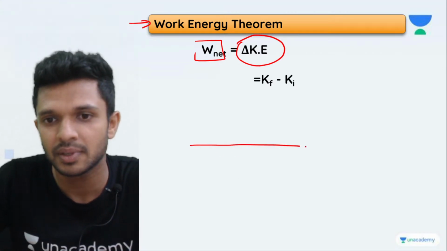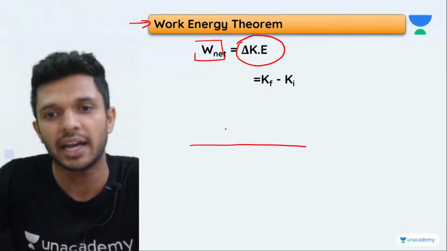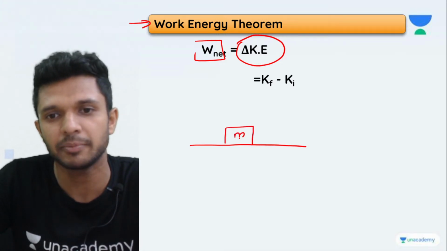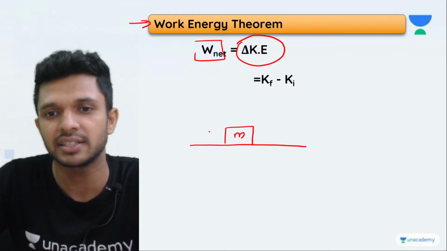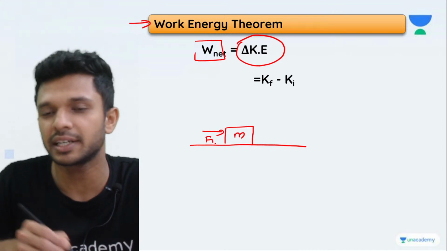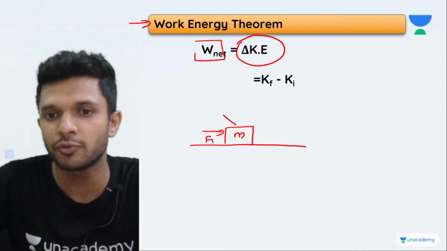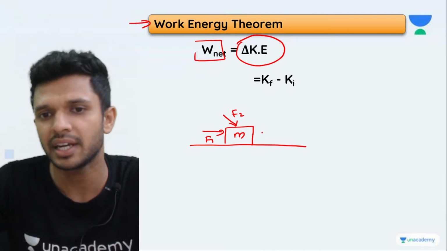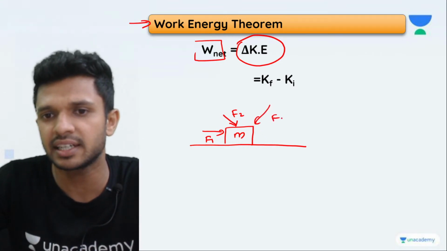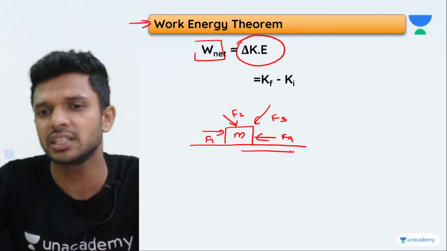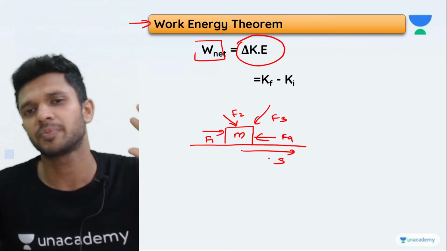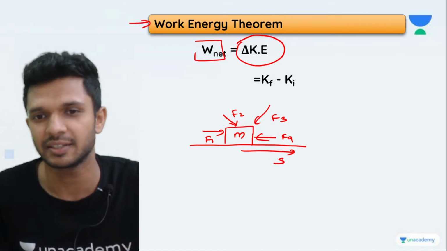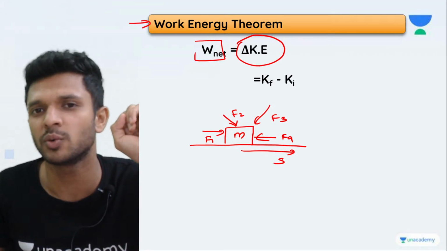Look. This is a horizontal platform. We have a body of mass m. On this body of mass m, there is a force F1 acting. Let's say there is a force F2 acting with some inclination, making some angle, right? There is some force F3 acting. There is some force F4 acting. Let's say the body is making a displacement towards the right, and the displacement amount is S. Which forces are doing the work?